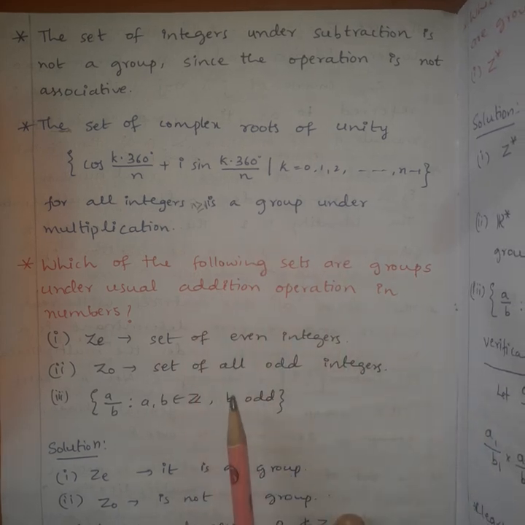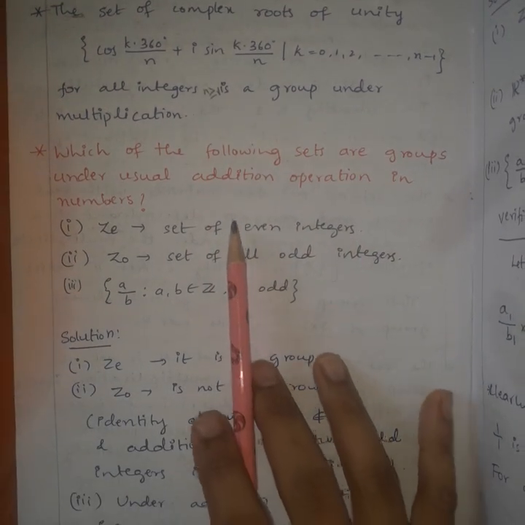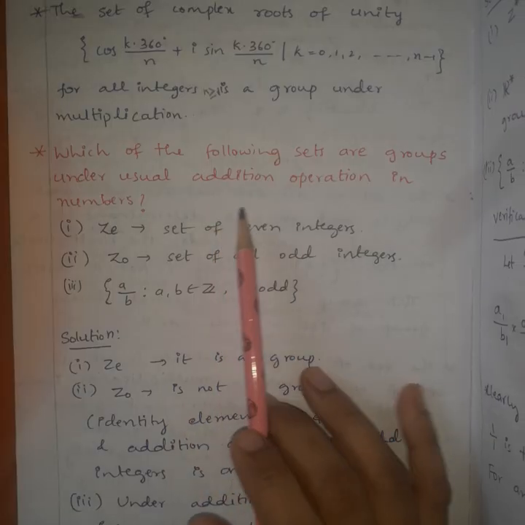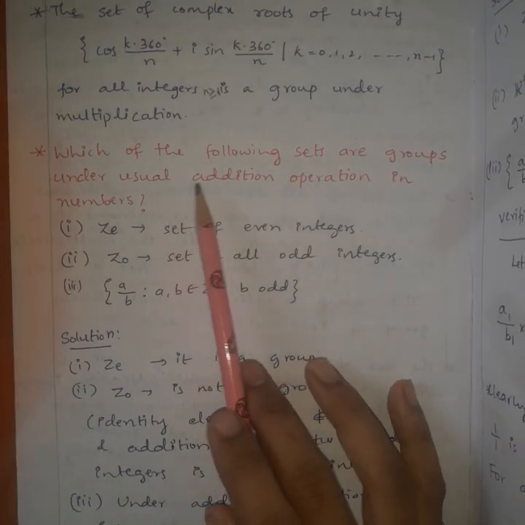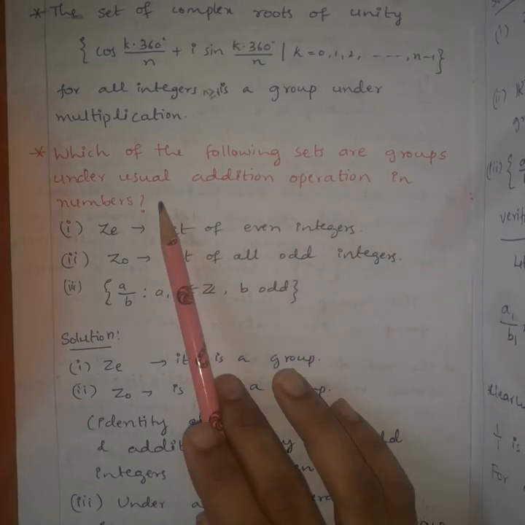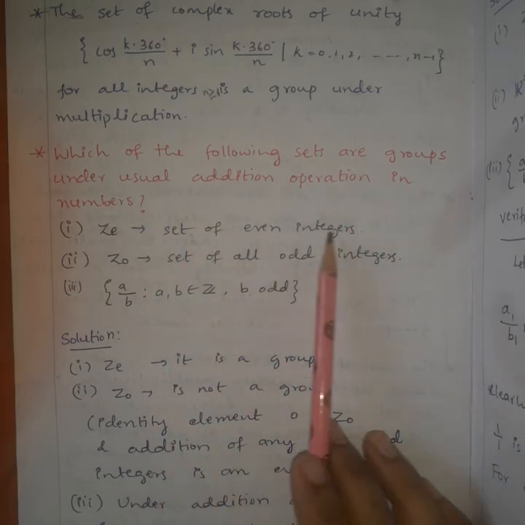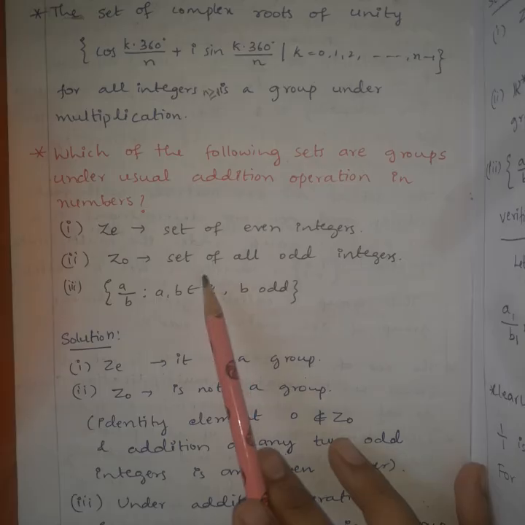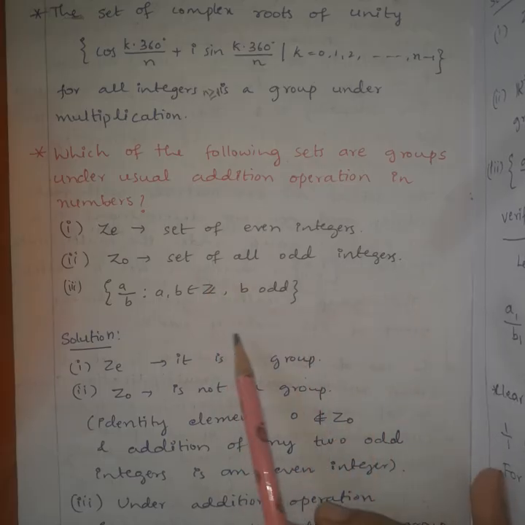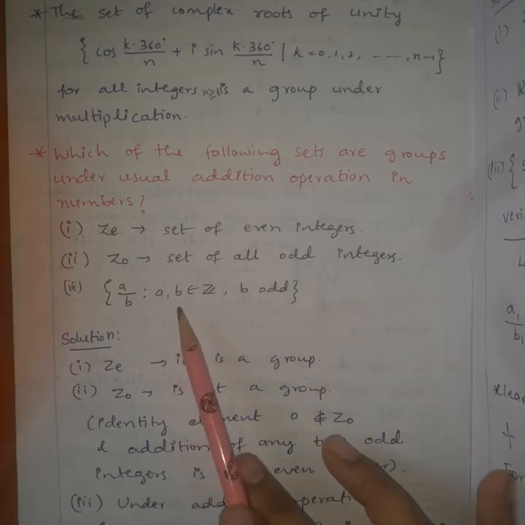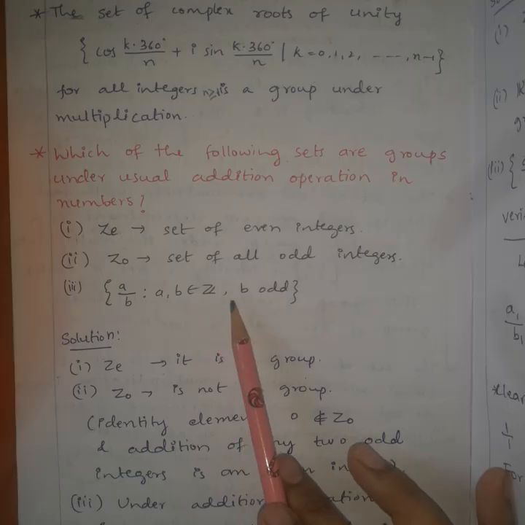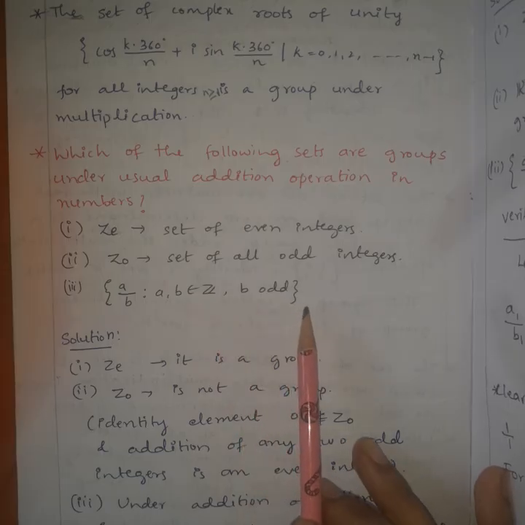Next, one of the sample questions, most probably asked in KCET examinations. First, which of the following sets are groups under the usual addition operation on numbers? Set of even integers, set of all odd integers, and the set of all a by b such that a, b belong to the set of integers and b is odd. So which one is the group?